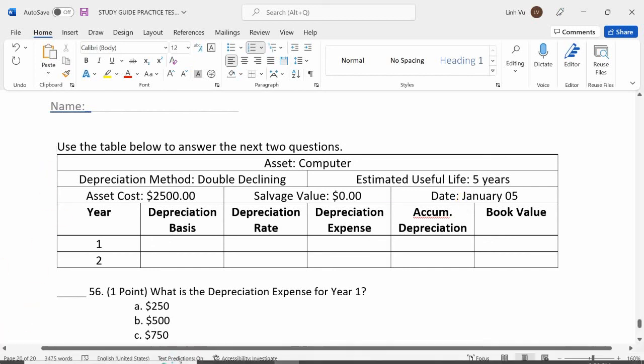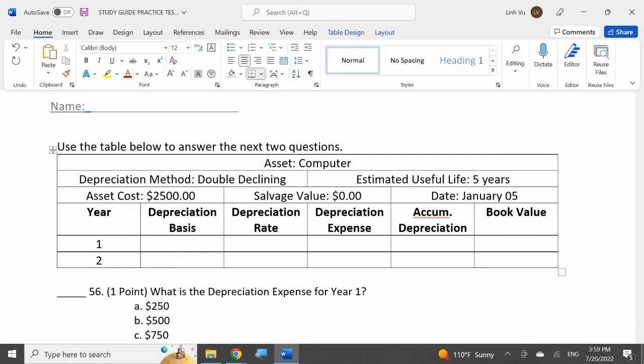So in this case, depreciation basis. What's my depreciation basis going to be for year one? 2,500, because in this case, it's beginning of the year book value, which in this case, you just started your depreciation. So it's going to be whatever your asset cost is. What's my rate going to be? 0.20. 1 divided by 5, times 2.